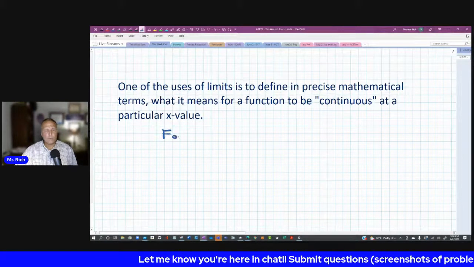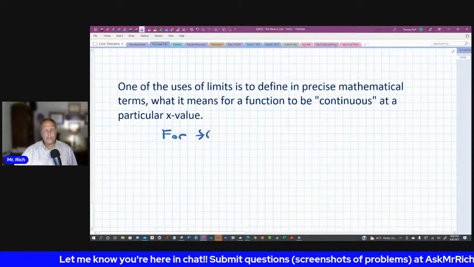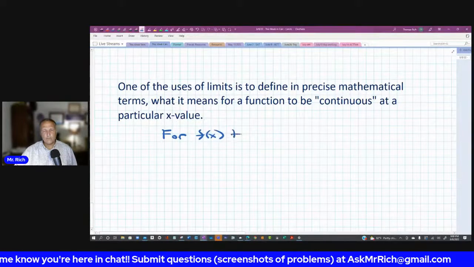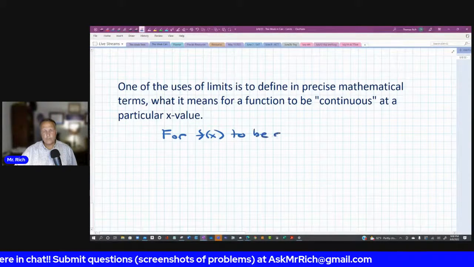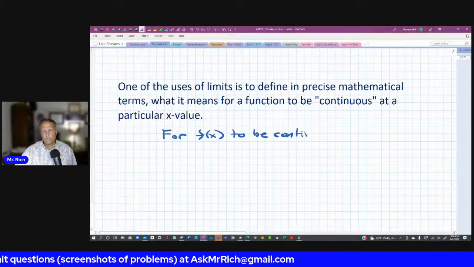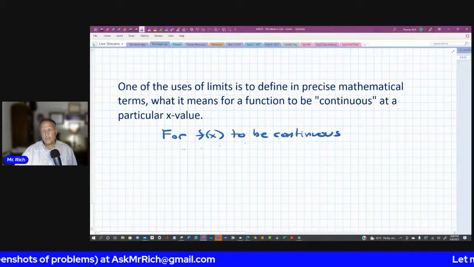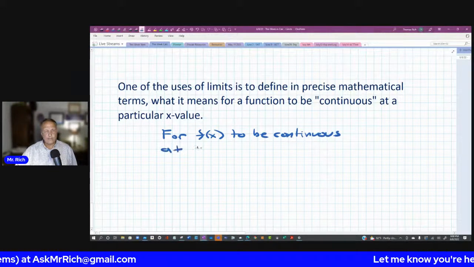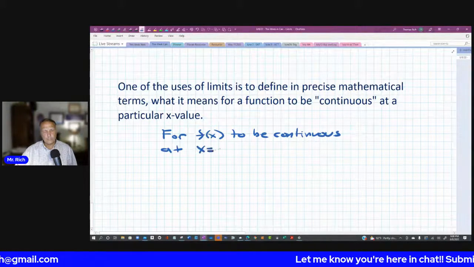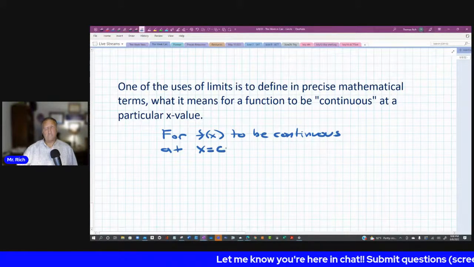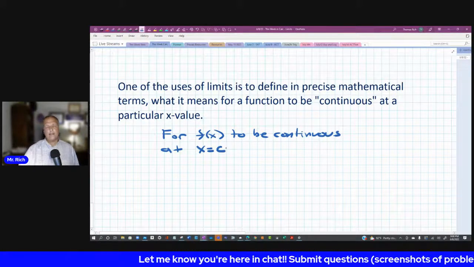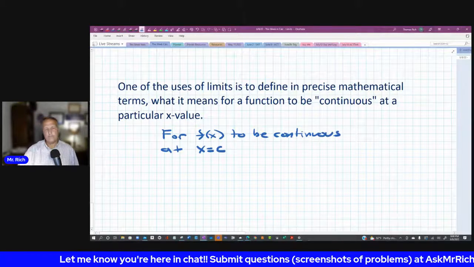For a function f of x to be continuous at a particular x value, and I'm going to use the letter c, at x equals c, some value of x that I am calling c.